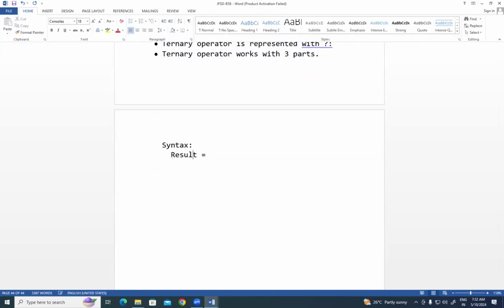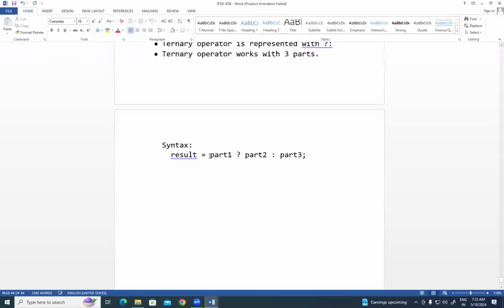Result is your variable, where you want to store the result. Result is equal to part 1 question mark part 2 colon part 3 semicolon. So this is going to be the syntax of the ternary operator.